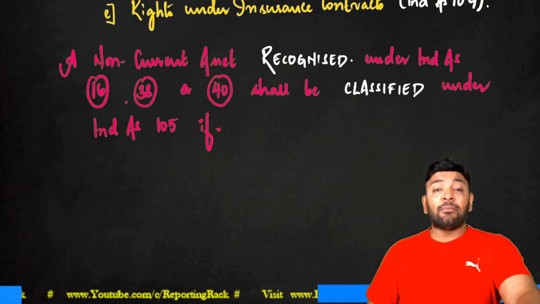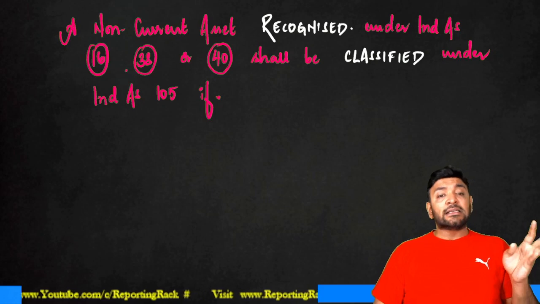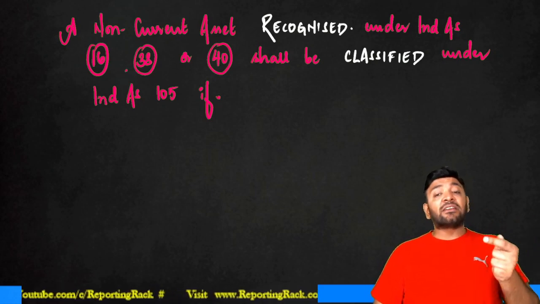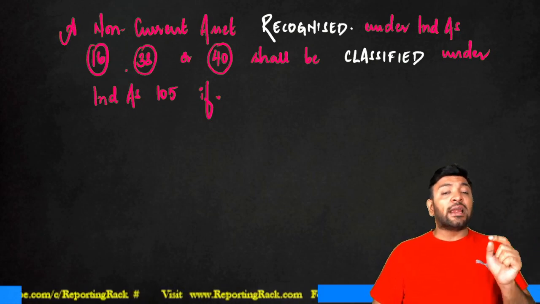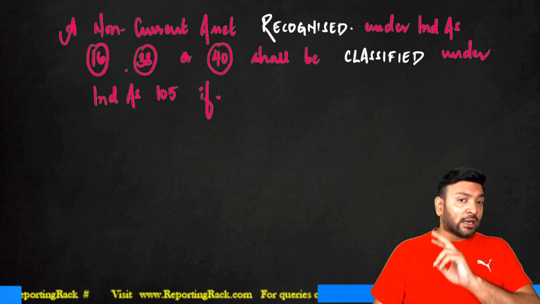So what did I mean by this sentence? I am saying it is recognized as per some other relevant standard, 16, 38 or 40, but it is further reclassified into 105 if the following conditions are satisfied. What are the conditions? Only 2 conditions here.